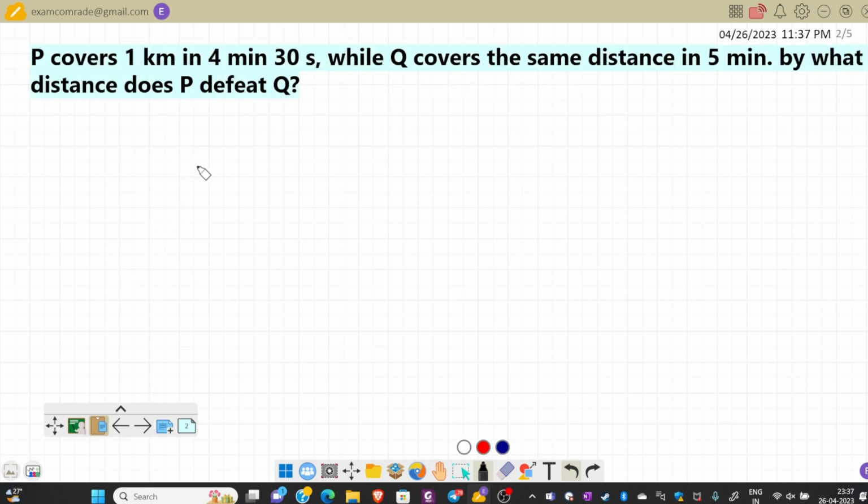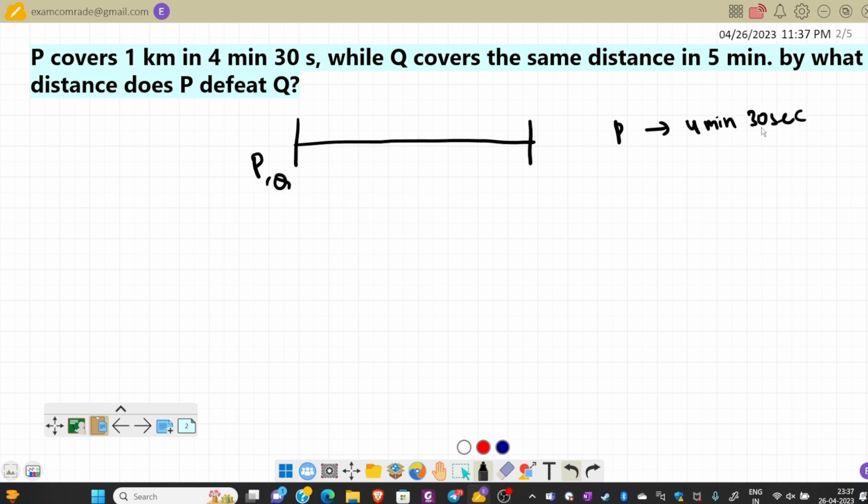P covers 1 kilometer in 4 minutes 30 seconds, while Q covers the same distance in 5 minutes. By what distance does P defeat Q? There are two persons, P and Q, in a race. P's time is 4.5 minutes, that is 4 minutes 30 seconds.